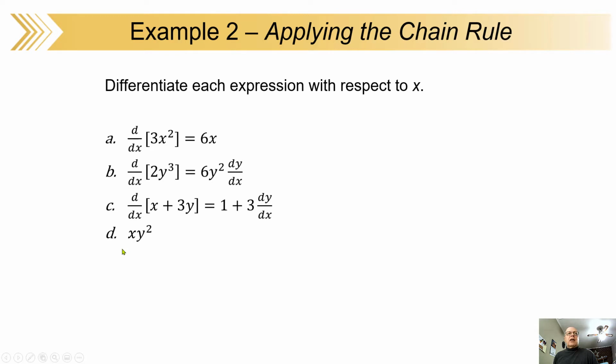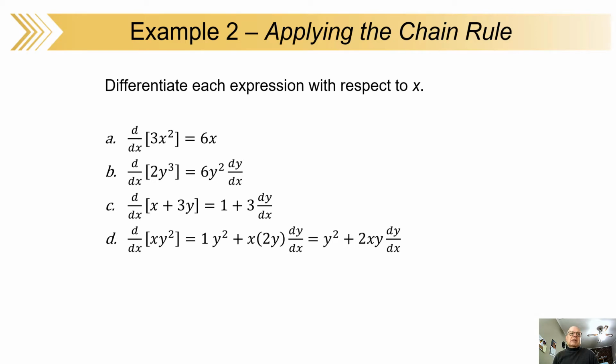For part D, xy squared. A little bit more interesting, perhaps. You're going to use the product rule because you have x and you have y squared. Okay, xy squared.